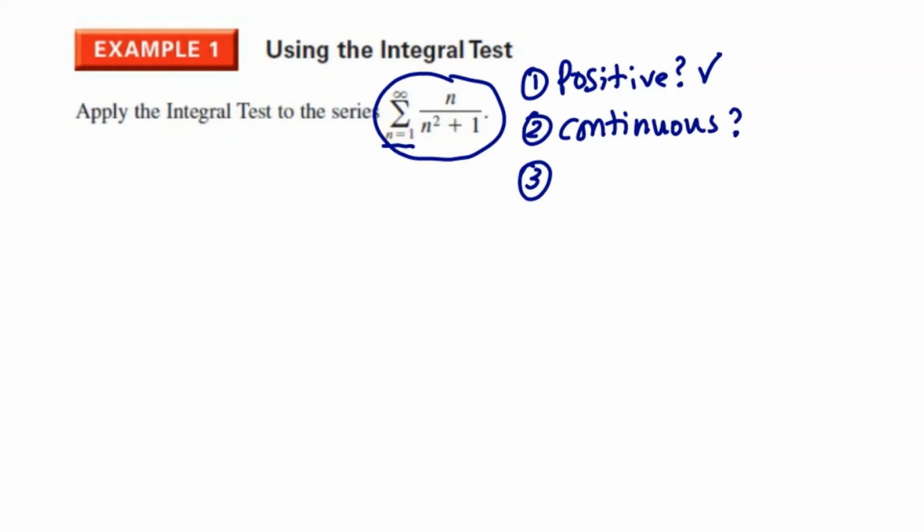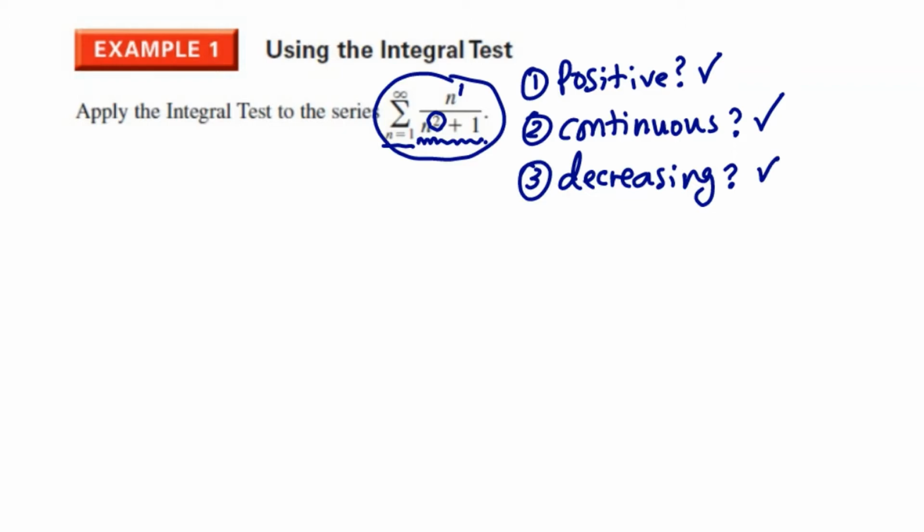Yes, because the denominator is never 0, that means it's continuous. Number 3, is it decreasing? Yes, because the degree in the bottom is greater than the degree in the top.